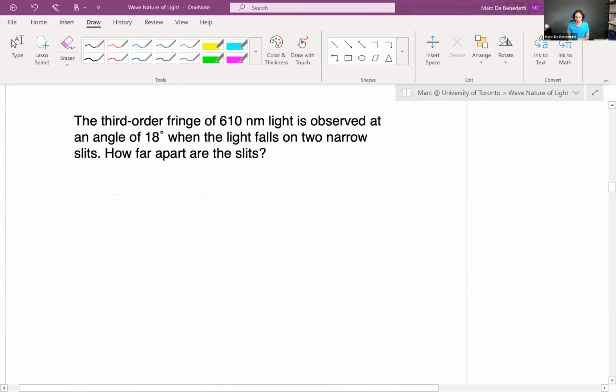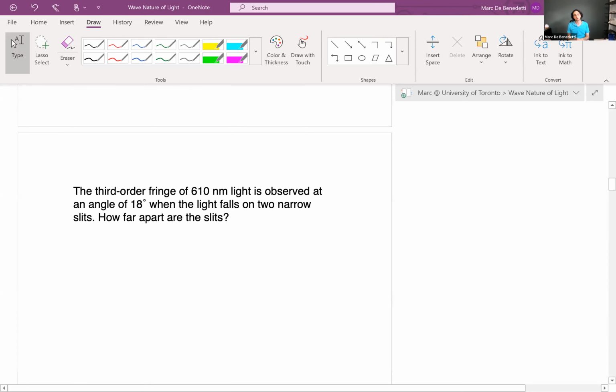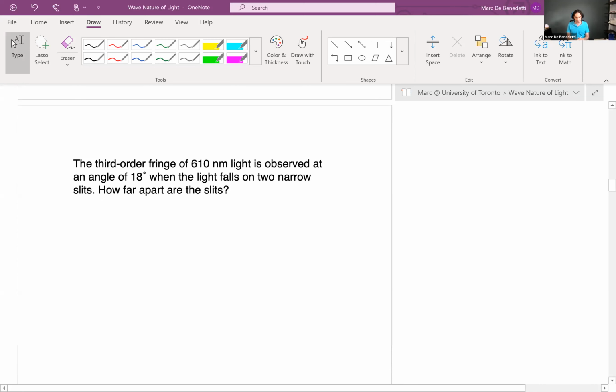So we'll do this example Tuesday, at the beginning of lecture, because today's Thursday. So we'll do this as a refresher for Tuesday's lecture. But when we talk about fringe numbers here, whether it be a dark fringe or a bright fringe, that's how many peaks there are to one side of the center.